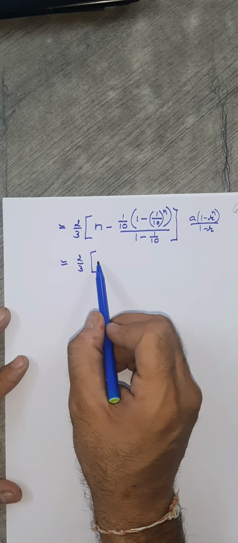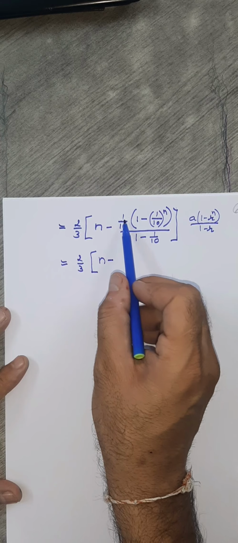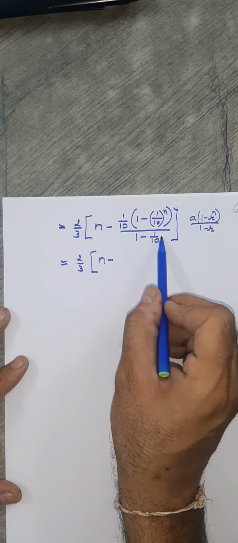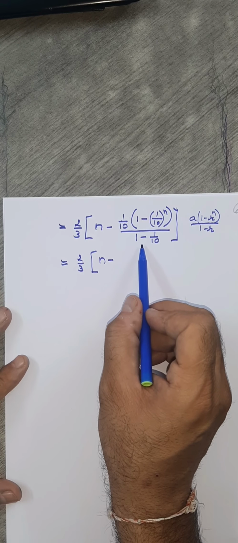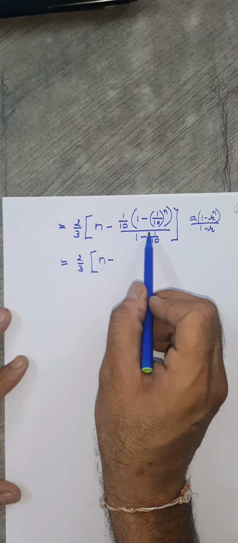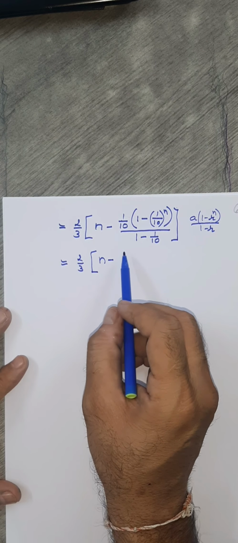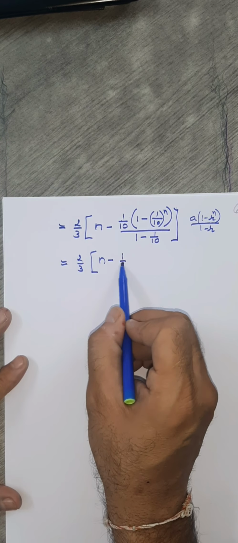So the sum is almost over. Now we'll just simplify. What is this? This is 1 by 10. This is 9 by 10. Right. So 10 10 will get cancelled. Here we are just left with 1 by 9. 1 minus, what is this?